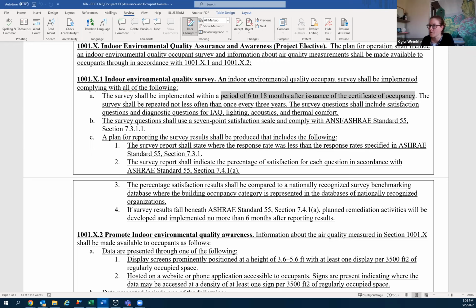Yeah, we could do both, or keep 6 to 18 months from 75, 80% occupancy, whatever we feel is appropriate there. But yeah, that could definitely work. Great. Any other questions at this time? I see no other questions from the committee.